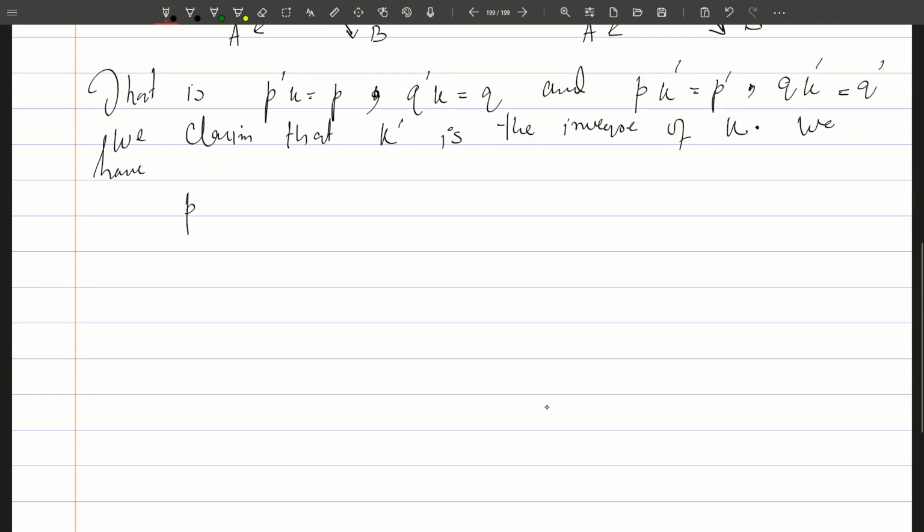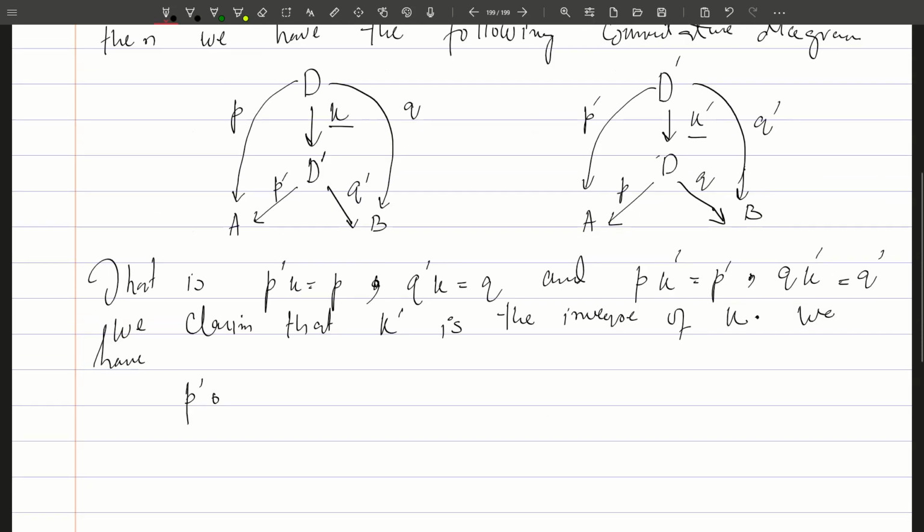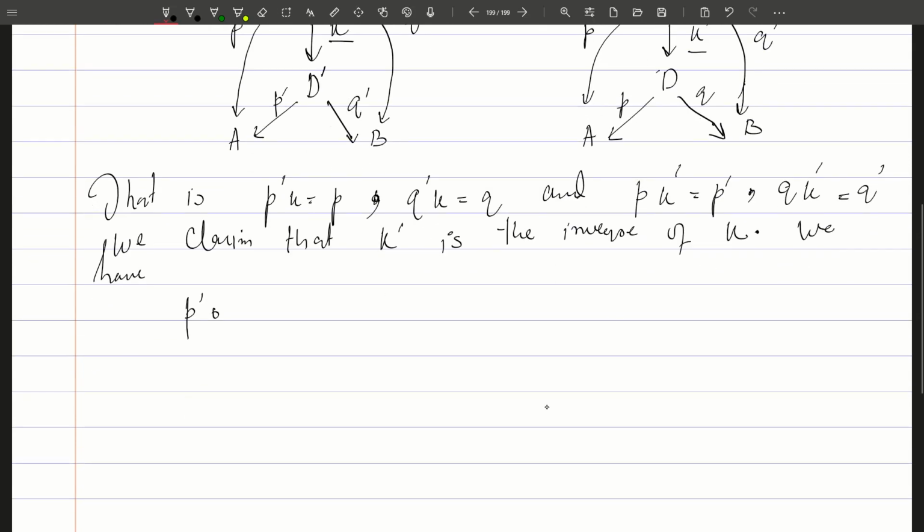Now to prove this, if we look at the map P prime composite K composite K prime, we get the map P prime composite K prime. Now P prime composite K is the map P, so this is P composite K prime.